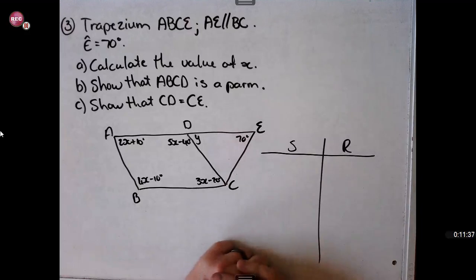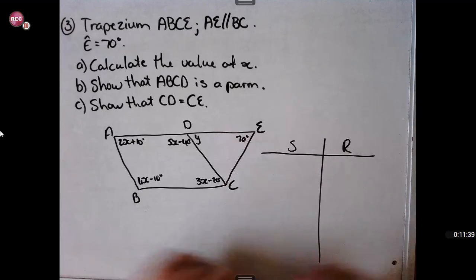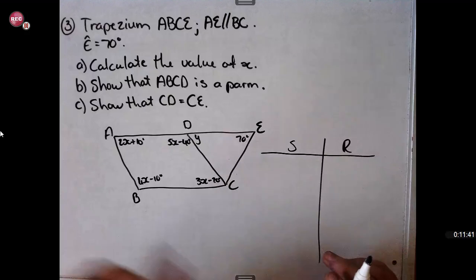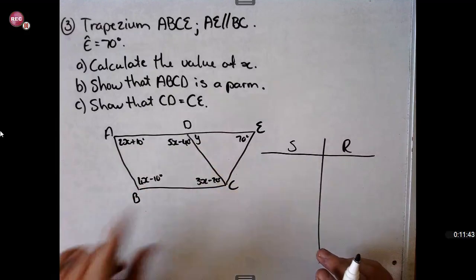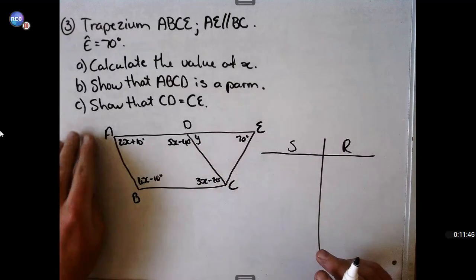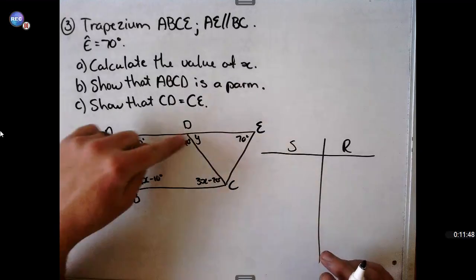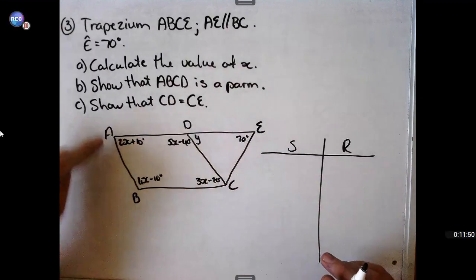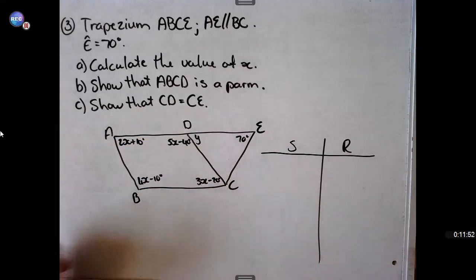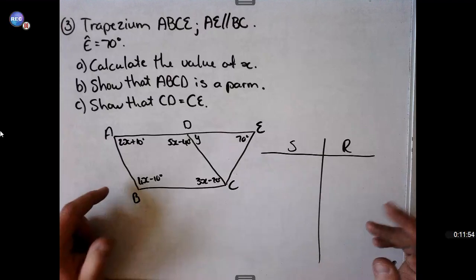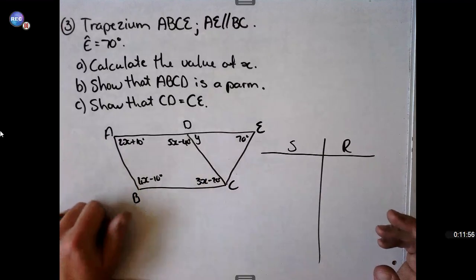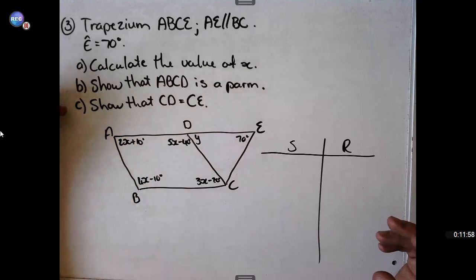So the first question asks you to calculate the value of x. Now, the first thing that you need to do is to identify where all the x's are. If you identify them, you'll see that A, B, C, D, which is the parallelogram in here. Well, obviously we do not know that it's a parallelogram yet. We only know that it's a shape of 4 sides, because in the second question they ask you to prove that it's a parallelogram.